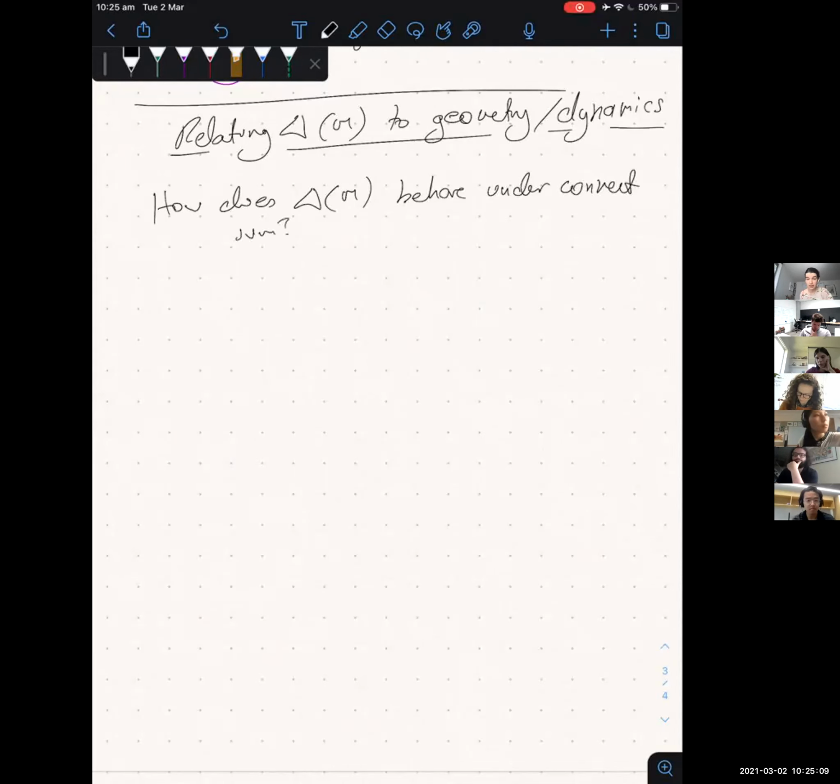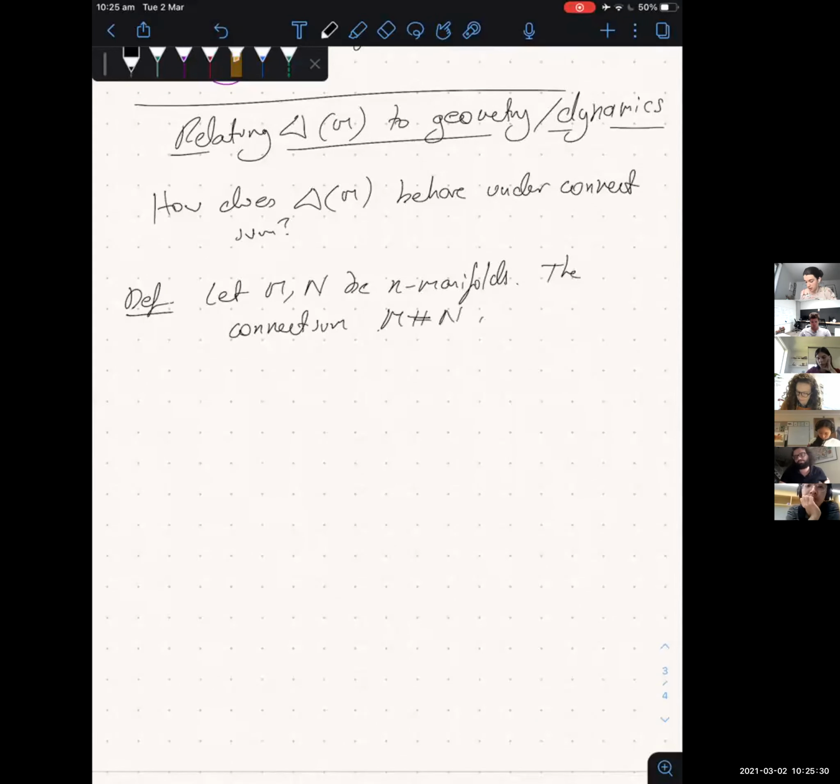Just to quickly define that, if we have two n-manifolds, then the connect sum of these manifolds is constructed by removing an n-ball from each.